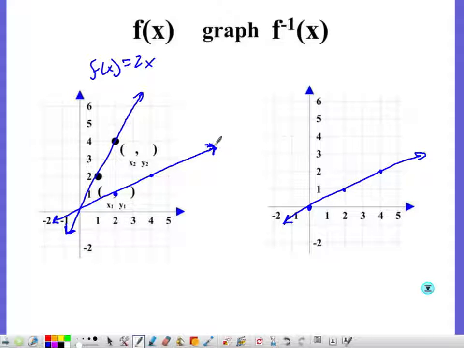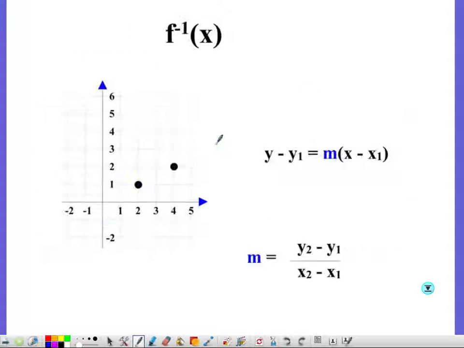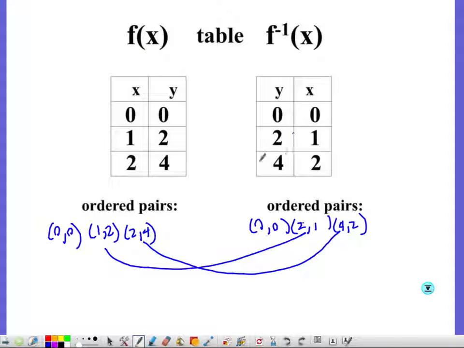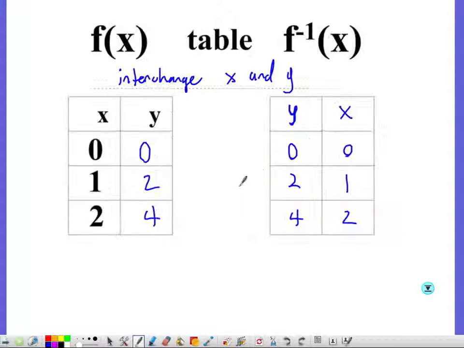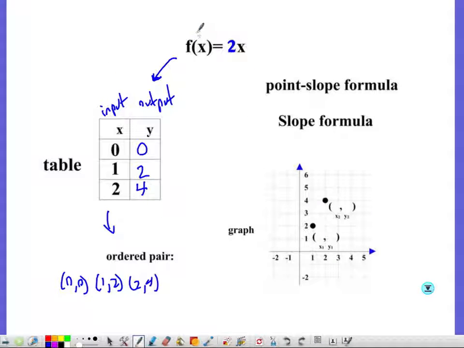Now, what we want to do is focus on the equation. So here are the points from my inverse. I took these points from my inverse, from my ordered pairs, and ultimately what I want to do is, how do I find the inverse of an equation, the inverse of a function, the opposite?